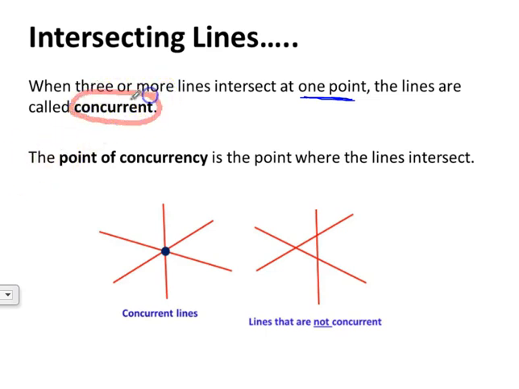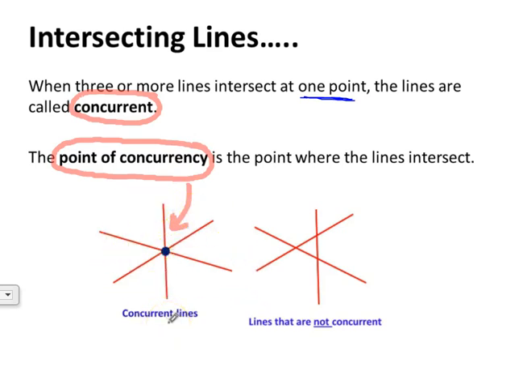And then more specifically, the point where all three of the lines intersect is called the point of concurrency. So this point right here would be the point of concurrency, because that's where all of our three or more lines intersect.